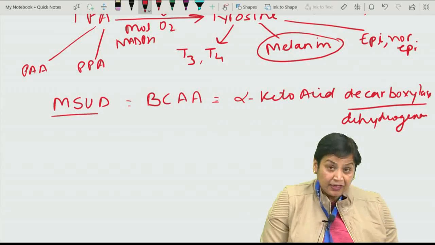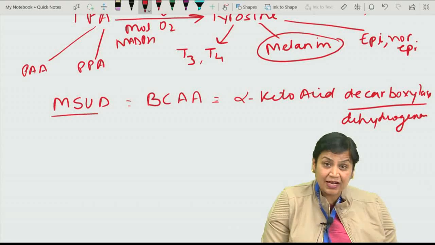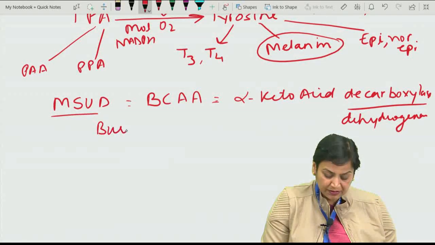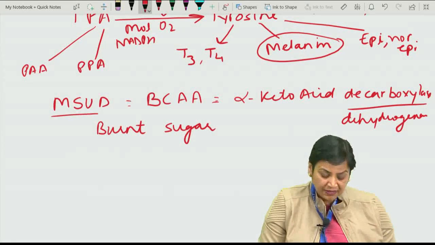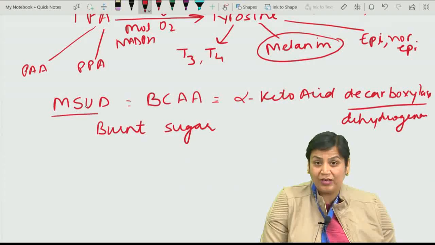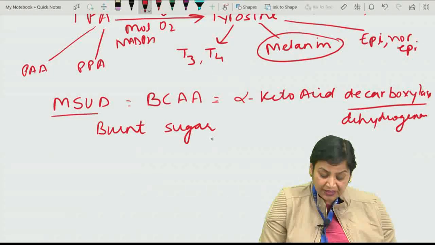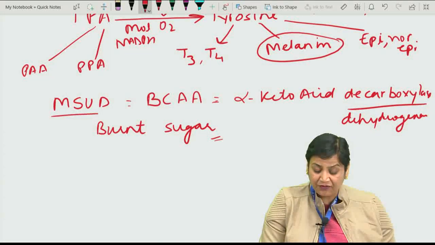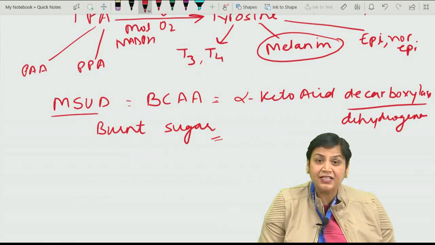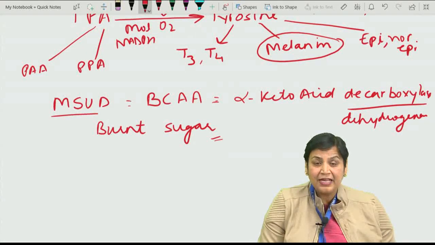Right? Here the urine starts giving the smell of burnt sugar. That is why it is known as maple syrup urine disease, due to the smell of this burnt sugar in it, and the deficient enzyme is this. There is increased concentration of the amino acids in the urine.